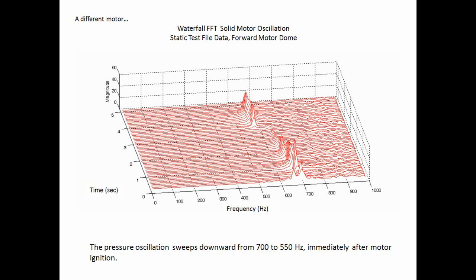But anyways, we did get some very high levels on that forward motor dome, and those are shown in the waterfall plot here. They start about 700 hertz and sweep downward. For some geometrical reason, there's a little jump here where it jumps down to 550 hertz. And that was due to some complex cavity geometry inside the motor.